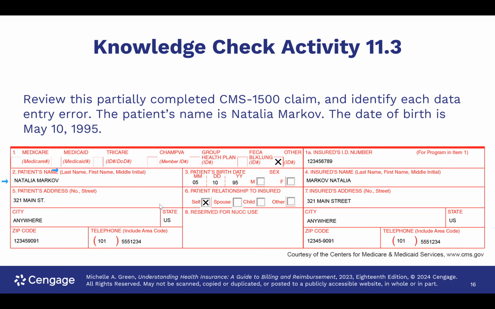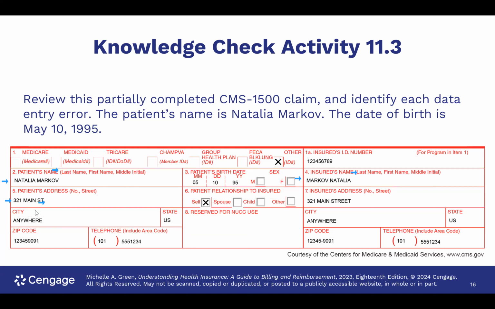And then again, block 4, more problems. You have to enter the names exactly as they ask you to: last name, comma, first name, comma, middle initial. That didn't happen. Then we have block 5. We don't enter punctuation like this.